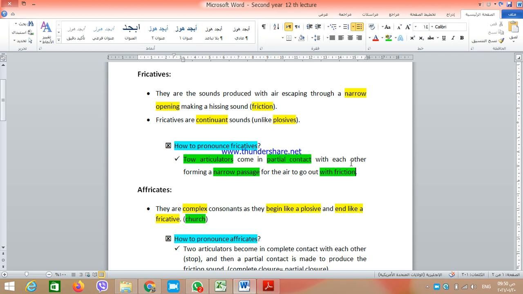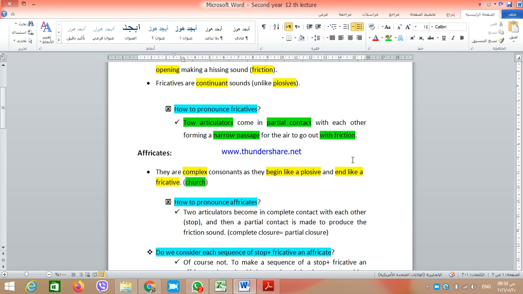And we can feel that when we push the air out, the air goes on. It is not stopped. The narrow opening here is going to be between the lower lip and the upper front teeth. That's why this is called a labiodental fricative.